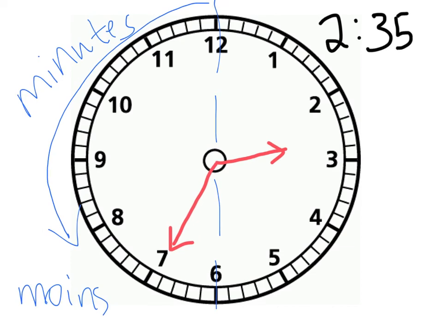So the first thing we're going to do is we're going to round up our number. Il est 3h, round it up. Il est 3h moins 25, because we have 5, 10, 15, 20, 25 minutes until the hour. So, il est 3h moins 25.